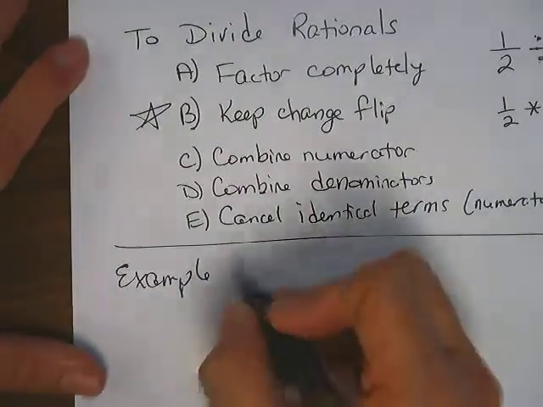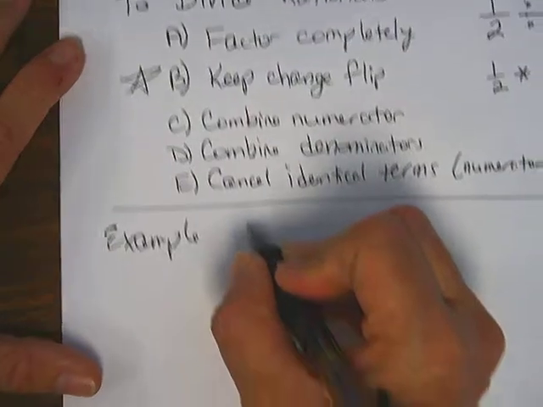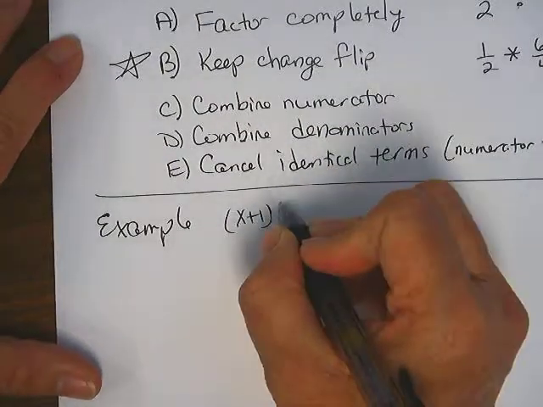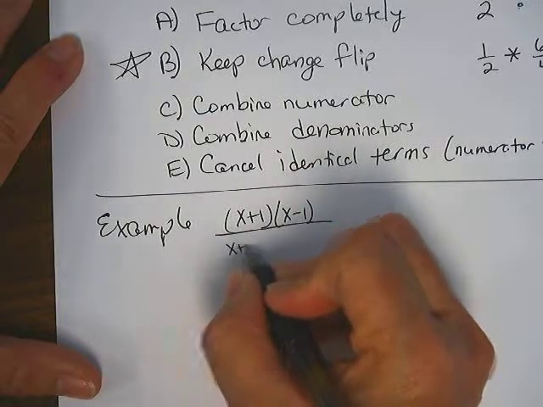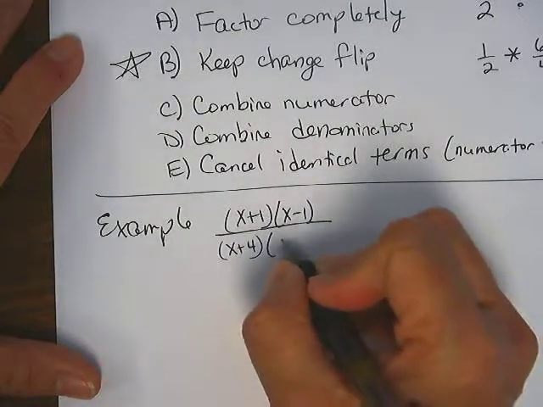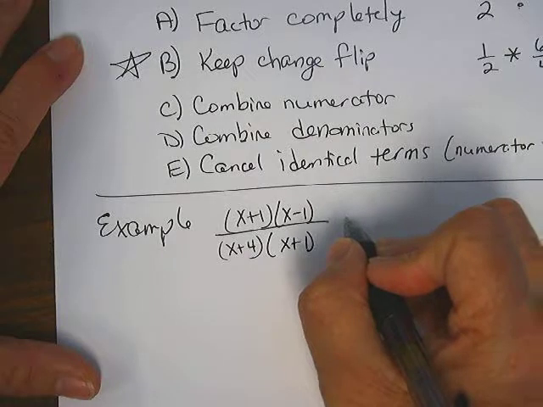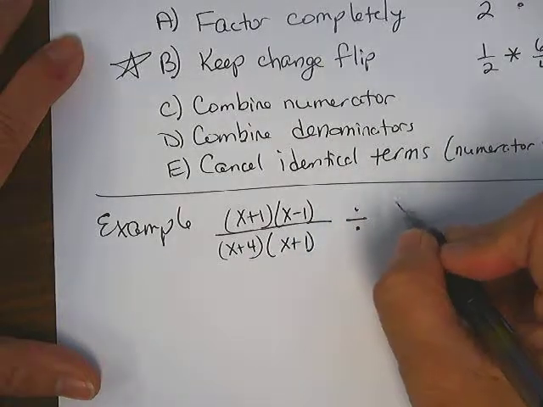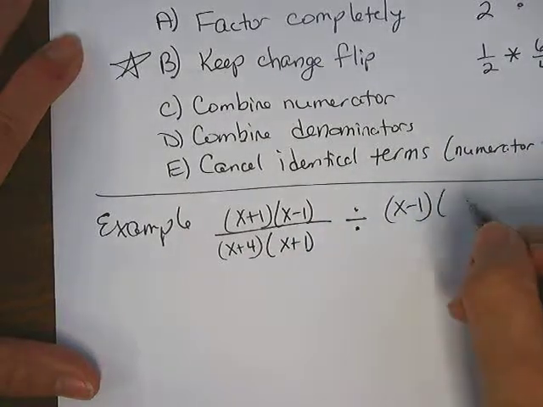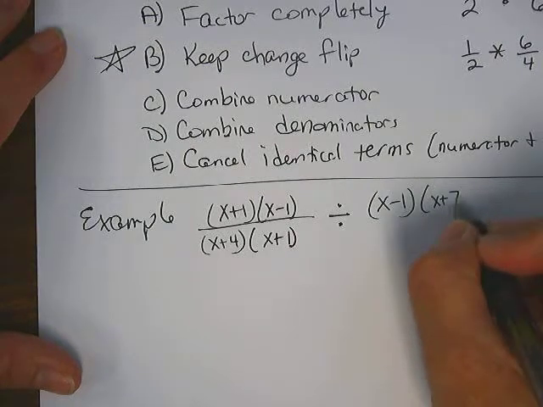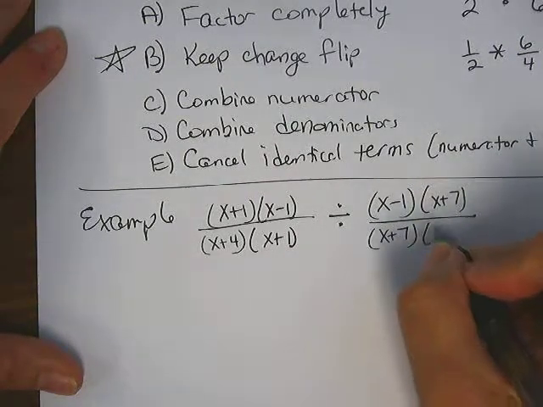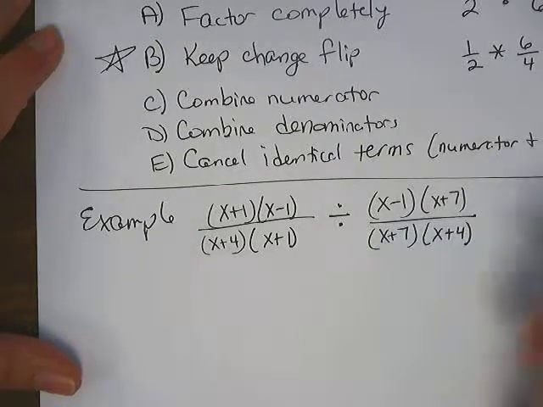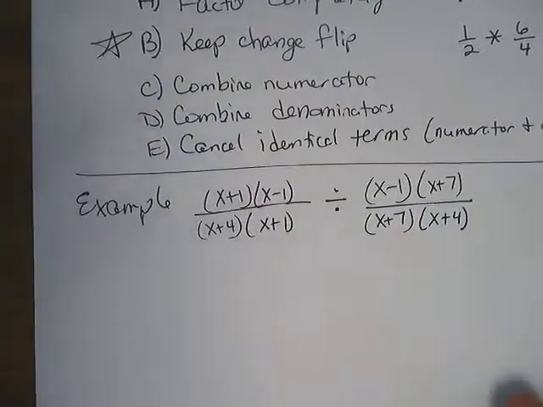So example 1. Let's take x plus 1 times x minus 1 with a denominator of x plus 4 multiplied by x plus 1 divided by x minus 1 times x plus 7 over x plus 7 multiplied by x plus 4.